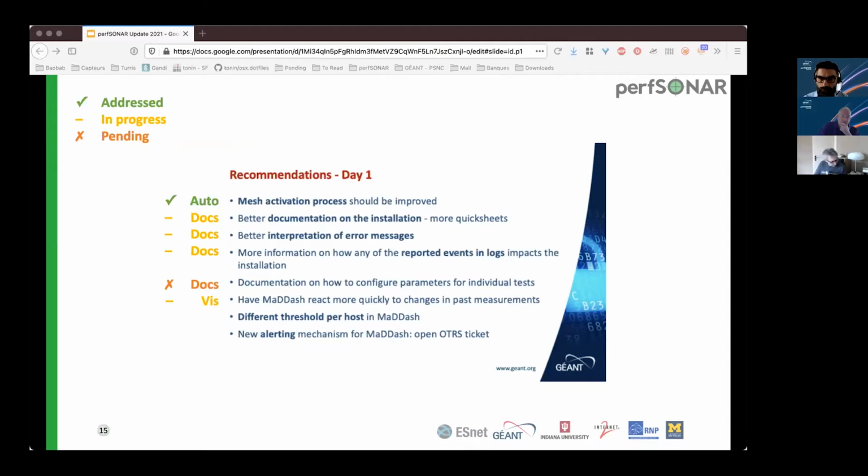About MATDASH, there were a lot of recommendations about MATDASH. We are working on a complete overhaul of our visualization options for perfSONAR, and this is something we're going to present tomorrow, trying as well to address that.